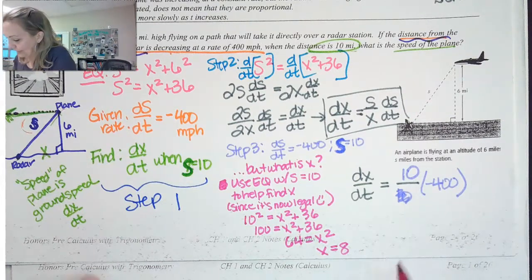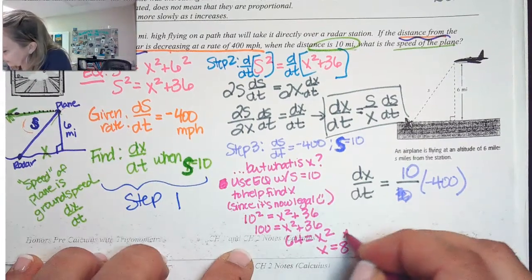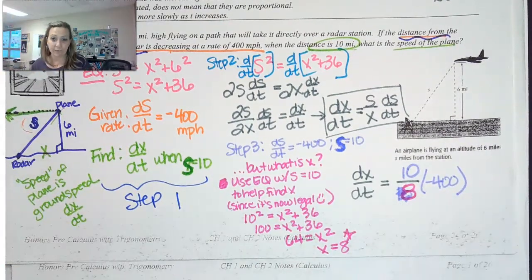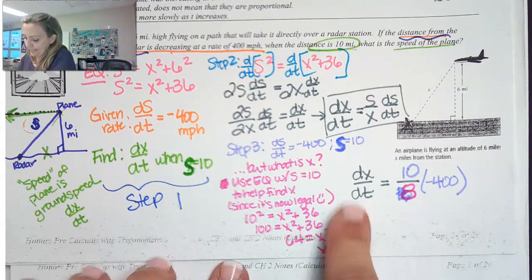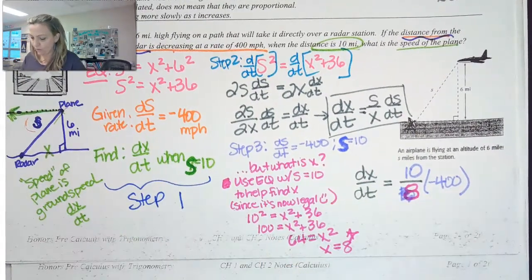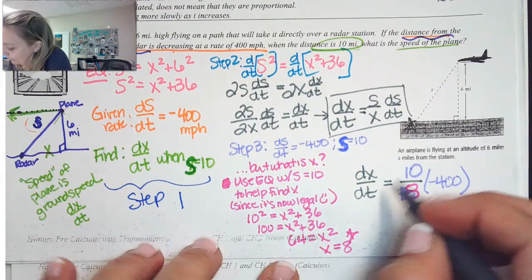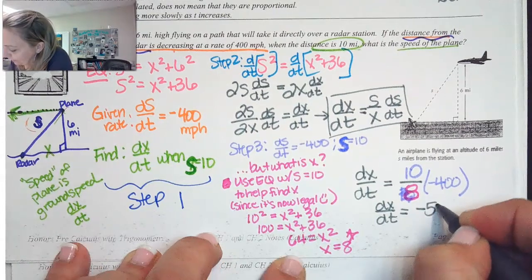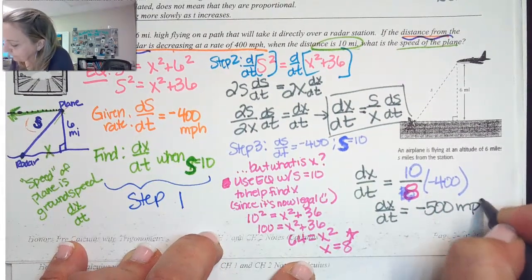So now we can put this into the dx/dt formula that we had figured out. dx/dt is going to be 10/8 times -400. If you compute that, we end up with dx/dt being -500 miles per hour.